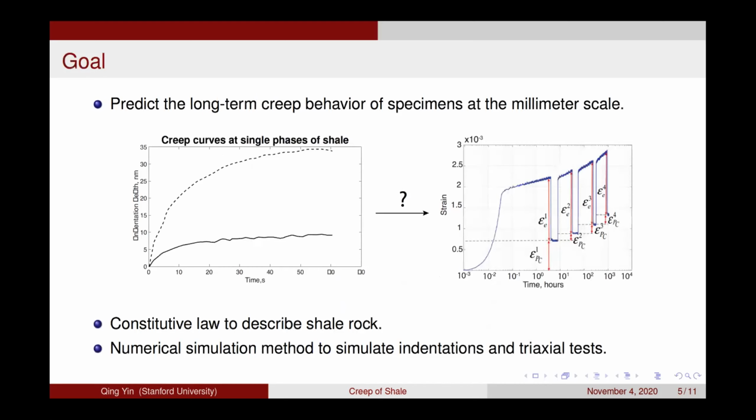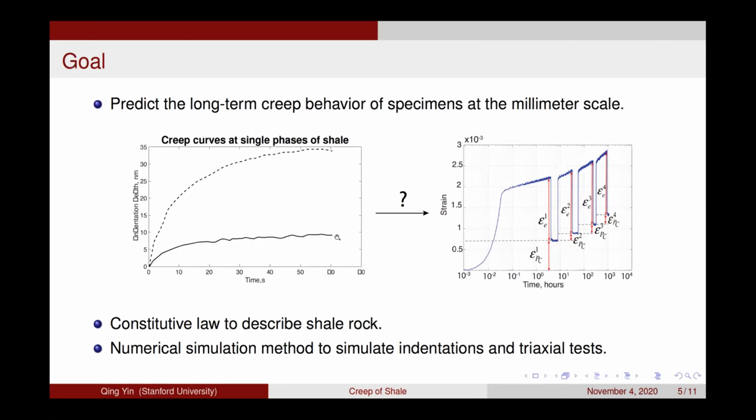In the creep test in indentation, the creep behavior normally only lasts for several minutes to achieve the same second steady stage as in the triaxial creep test. So our goal is to predict this long-term creep behavior of the large sample, say in the centimeter scale, directly from those indentation tests in the nanometer and the micrometer.